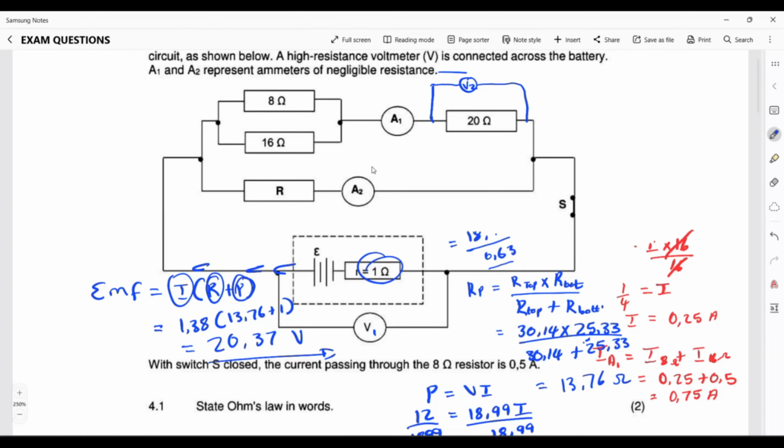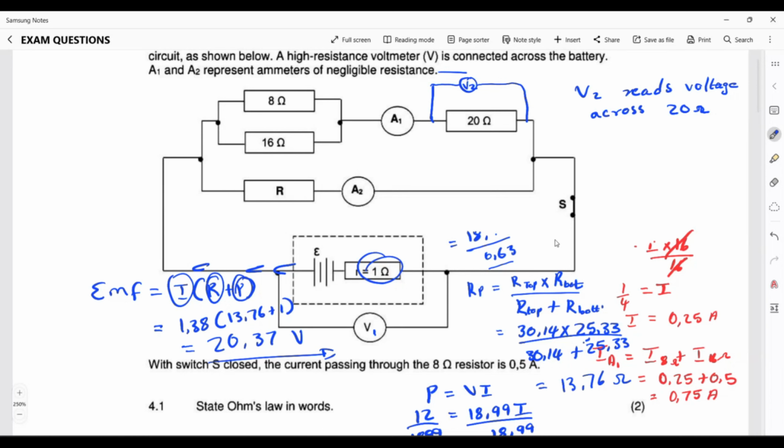So in a case like this, V2 reads voltage, or potential difference, across 20 ohms. Okay, it is the voltage across the 20 ohms.